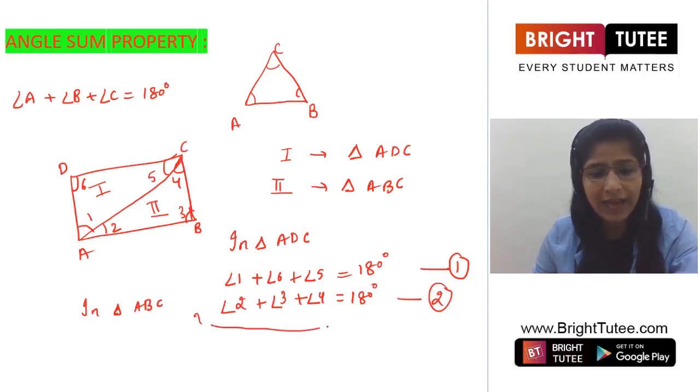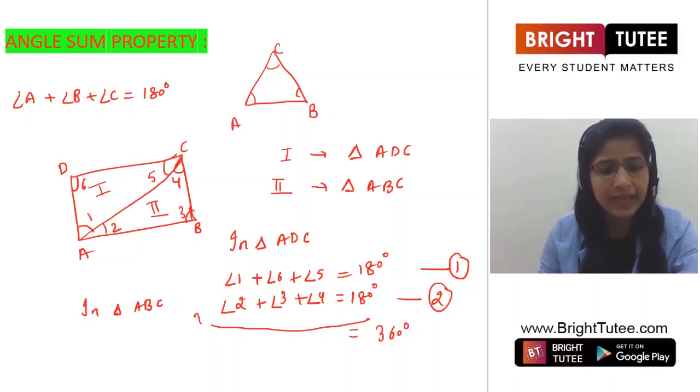Now if we add these two, on the right hand side we will get 360 degrees, and angle 1 plus angle 2. These two will form angle A. So instead of angle 1 plus angle 2, I am writing angle A, plus angle 6, which is angle D, plus angle 3. Angle 3 is what angle? B here.